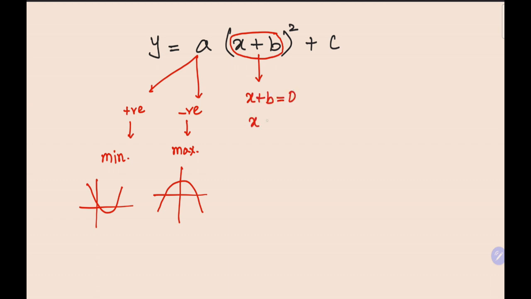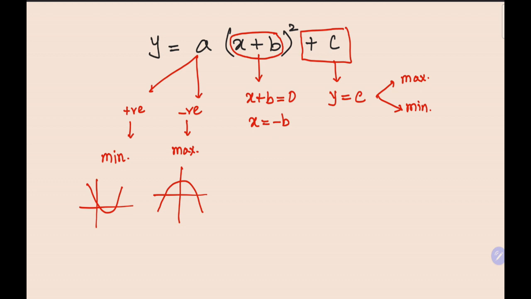So from here we will get the x coordinate of the maximum or minimum point, and this constant c will give us the value of y, which will be either the maximum or minimum value of the function.